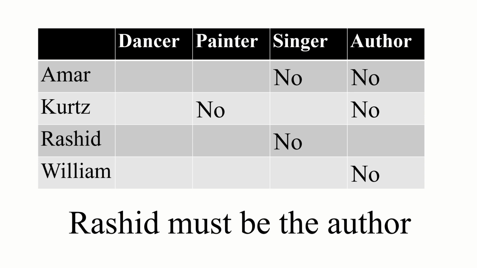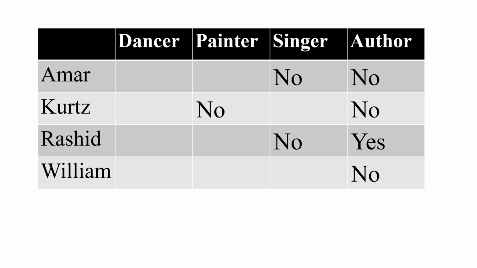And the logical conclusion is that Rashid must be the author, because if we come to the column whose heading is author, then we see that Amar is not the author, Kurt is not the author, and William is not the author. So Rashid, who's the only one left, must be the author.